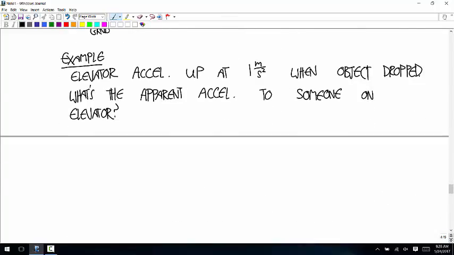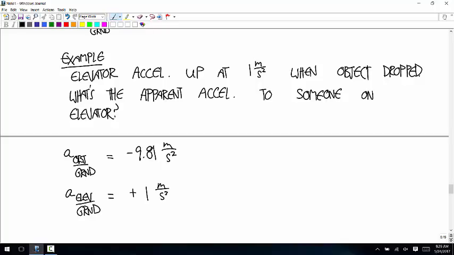Well, the object's in free fall. So we know that the acceleration of the object relative to the ground is negative 9.81 meters per second squared. We know the acceleration of the elevator relative to the ground is positive 1 meter per second squared.